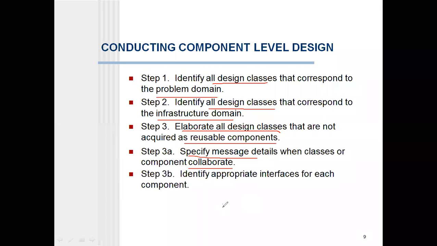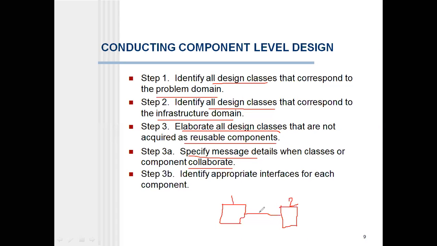For example, assume this is class 1. This is class 2. There is a connection or collaboration between these two classes. So here you should write which kind of relation these two have. How is class 1 collaborated with class 2, and with which purpose?